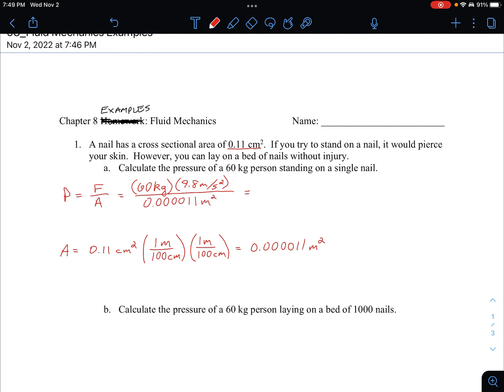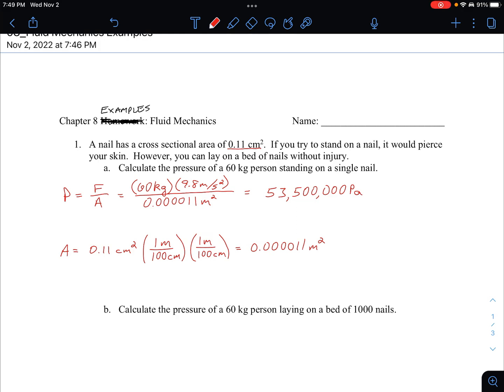So this is going to give us the answer in pascals. So this is 53 million, and I'm going to round here, 53,500,000 pascals. That's a lot of zeros.